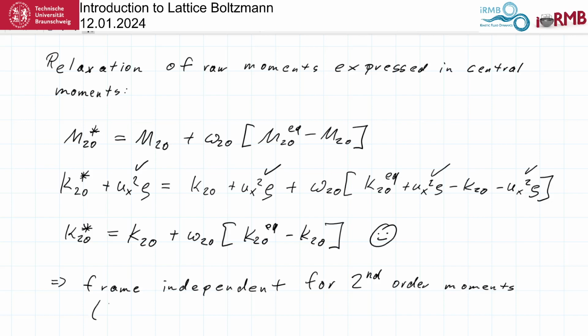The same thing would be observed in K, of course K20 was the one that we had, K02 is the same thing, and also if you write it down for K11, you'll see that there's the same thing. So it doesn't matter whether we relax central moments or raw moments in second order, because both of them give you the same result.